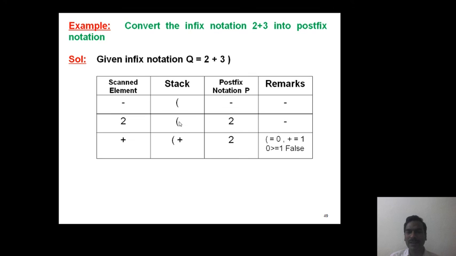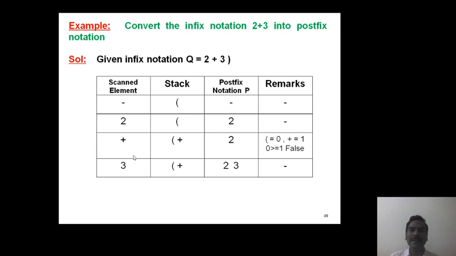Here the element of the stack is left parenthesis. Its precedence is 0. Now compare the precedence values. Is 0 greater than or equal to 1? False. So when the condition is false, now place the left parenthesis back into the stack and add the scanned symbol into the stack. Hence the status of the stack is left parenthesis, plus.